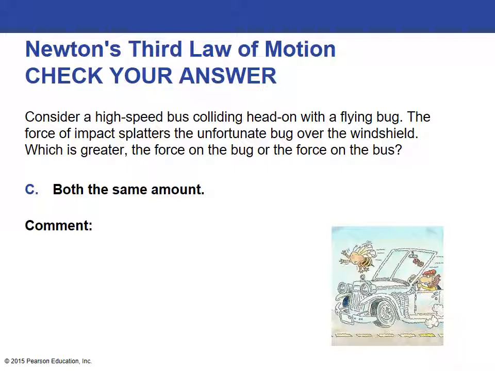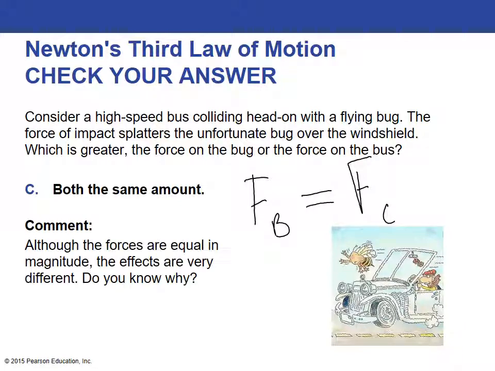In terms of physics, the force on the bug is equal and opposite to the force on the car. If they're the same, why are the effects so very different? There's your question. Well, the answer to that has to do with the mass of the bug.